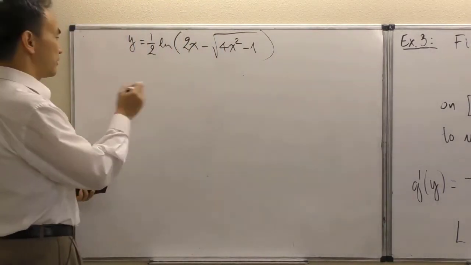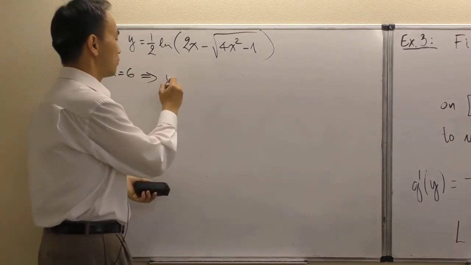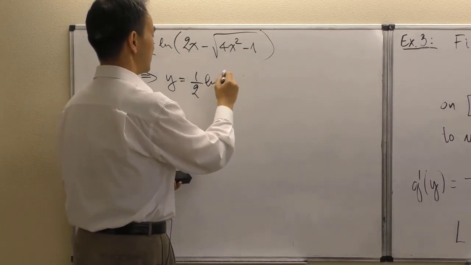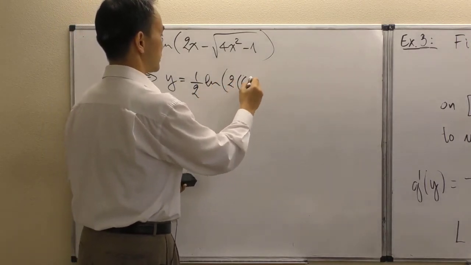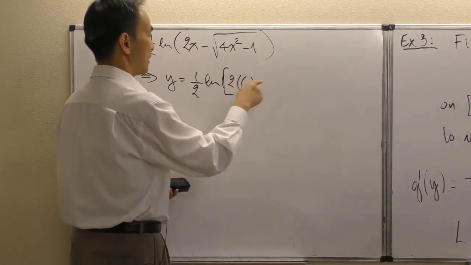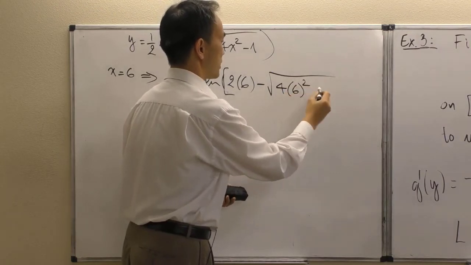All right, for the other value, when x equals 6, let's find out what happens. y equals 1/2 natural log of 2 times 6, minus the square root of 4 times 6 squared minus 1.